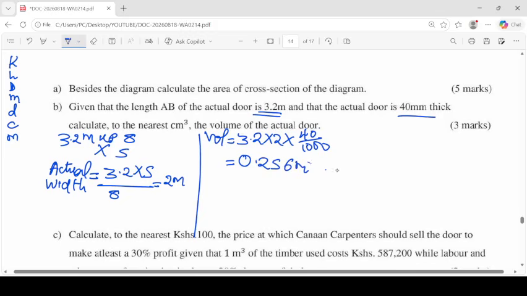0.256 cubic meters. But now because they want it to the nearest cubic centimeters, what are we going to do? To the nearest cubic centimeters, when you convert it, we should be able to get... let's have a look at it again.